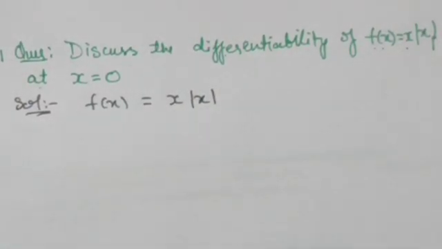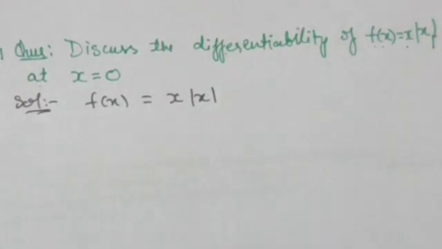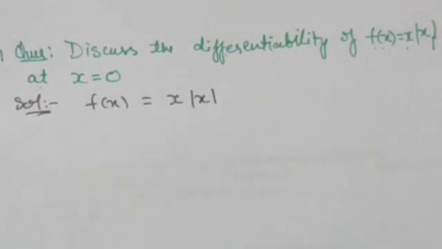This function f(x) will be differentiable at x is equal to 0 if its left hand derivative is equal to right hand derivative. So first of all, I'll find its left hand derivative.